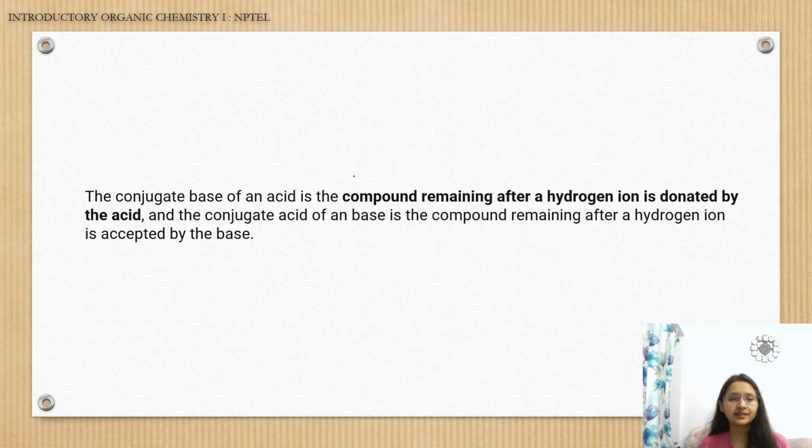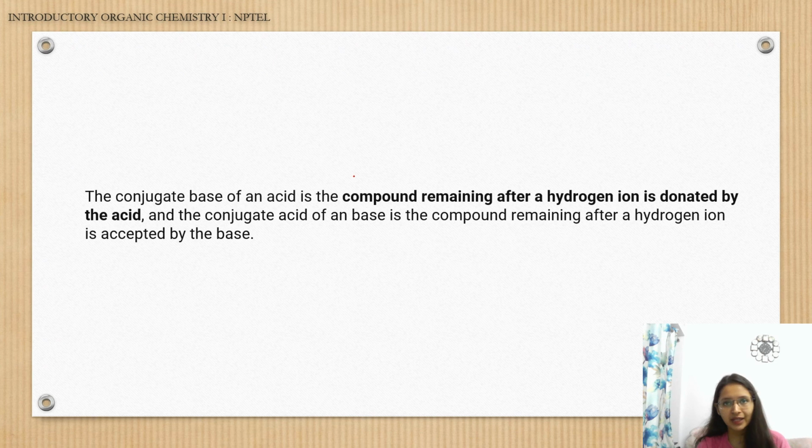See, if you have an acid, let's say H2SO4, sulfuric acid. What is the conjugate base for that acid? After the donation of the hydrogen ion, the species which is left is the conjugate base of that particular acid. After removing one proton from H2SO4, what do you get? It is HSO4 minus.